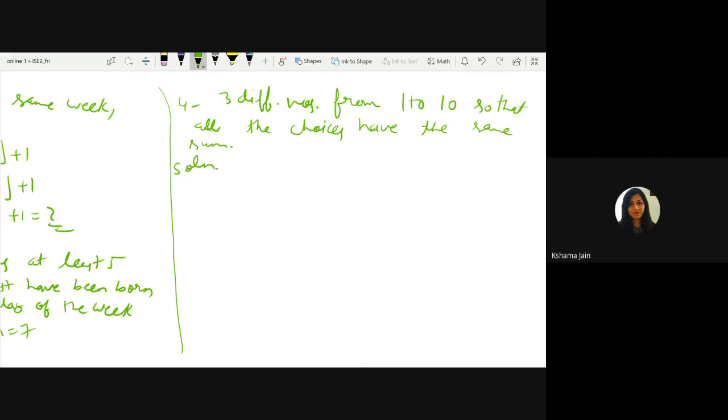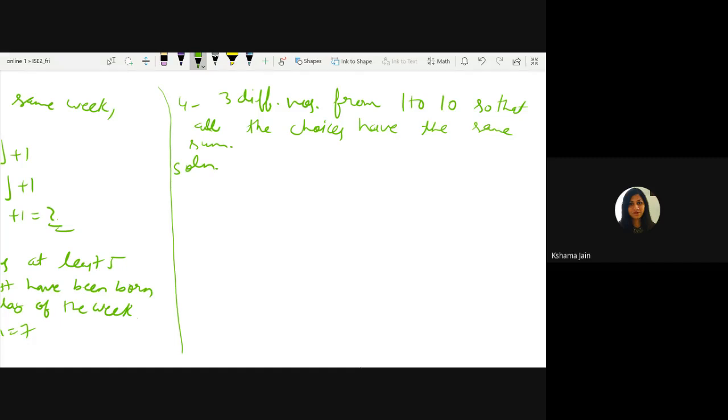Sum means addition. We need to choose 3 different numbers from 1 to 10 so that all the choices have the same sum. And that is also the least number of ways of choosing.